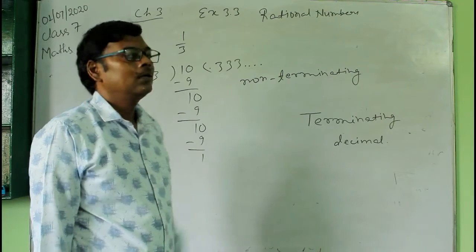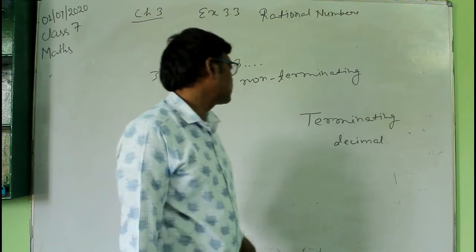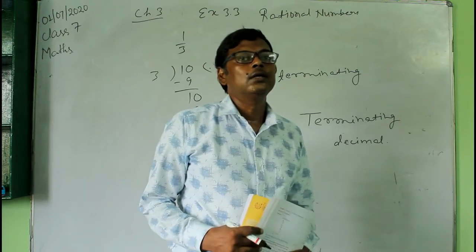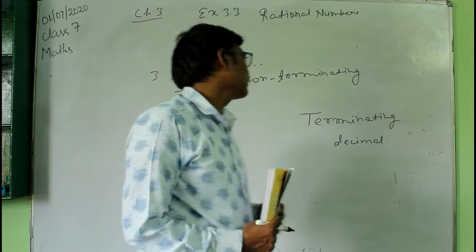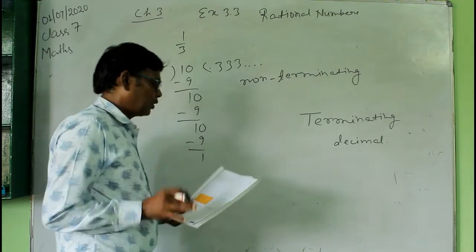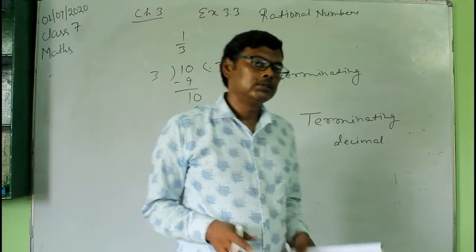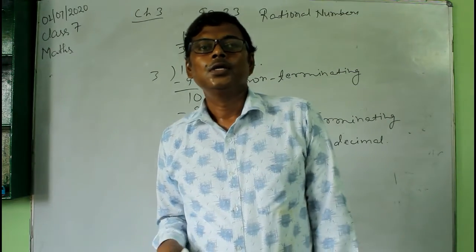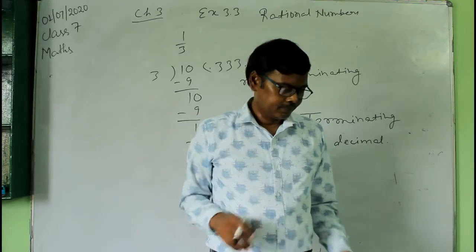That is why it is called non-terminating. और जो दूसरा बताया पहले, that is those kinds of decimals where it terminates. ठीक है, so remember this, the two kinds of decimals: number one is terminating decimal and number two is non-terminating decimal.